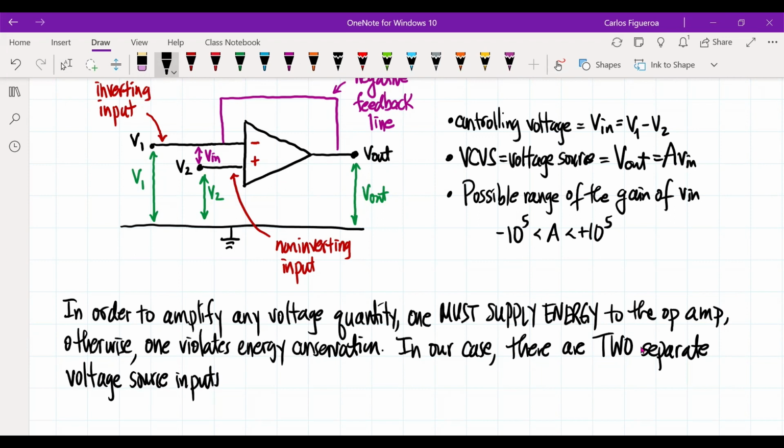And typically what they are, they're set at plus and minus 15 volts. So these guys are supplying the energy to the thing.